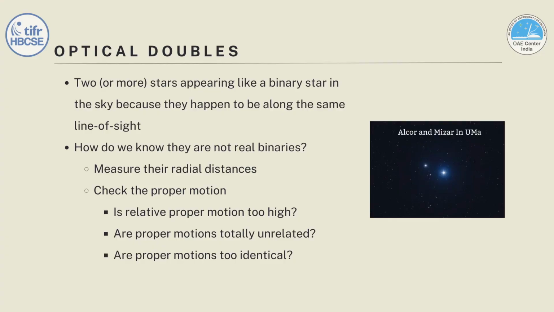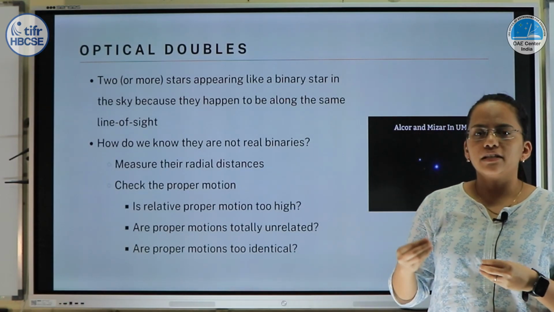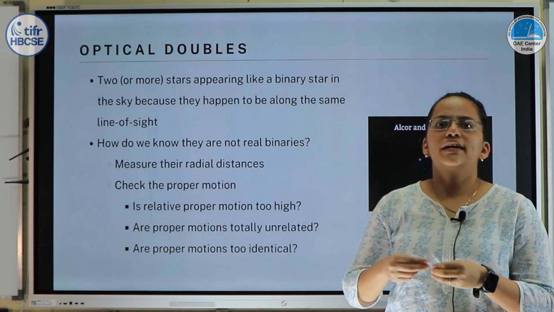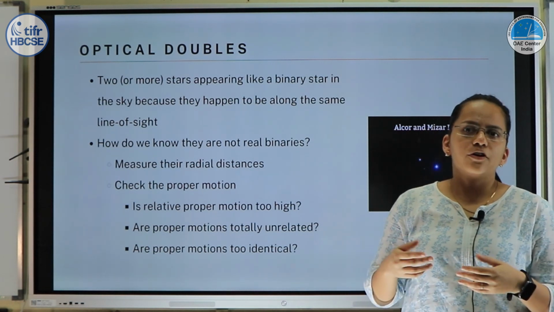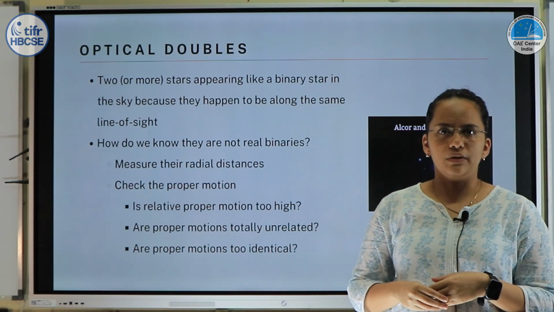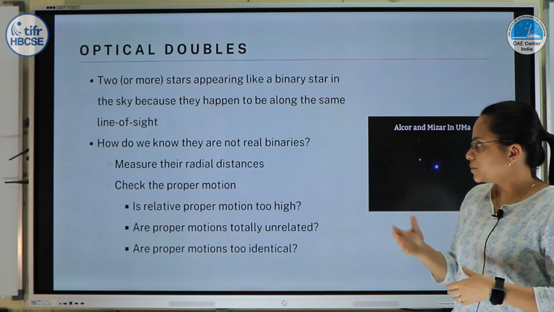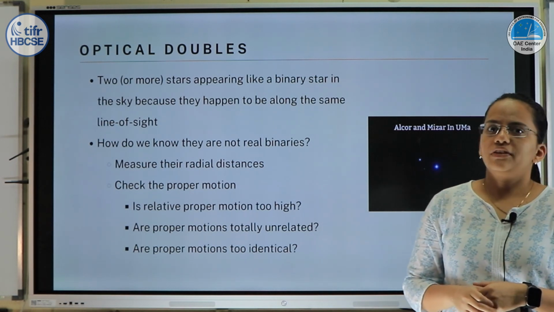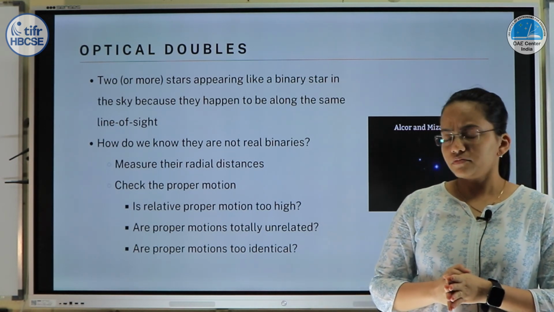The other thing that we check is their proper motion. So we check if the proper motion is too high. Now what happens if the relative proper motion of these two stars is very high? They are obviously not gravitationally bound to each other and they will drift apart in space slowly. If the proper motions are totally unrelated, then we have a similar situation.